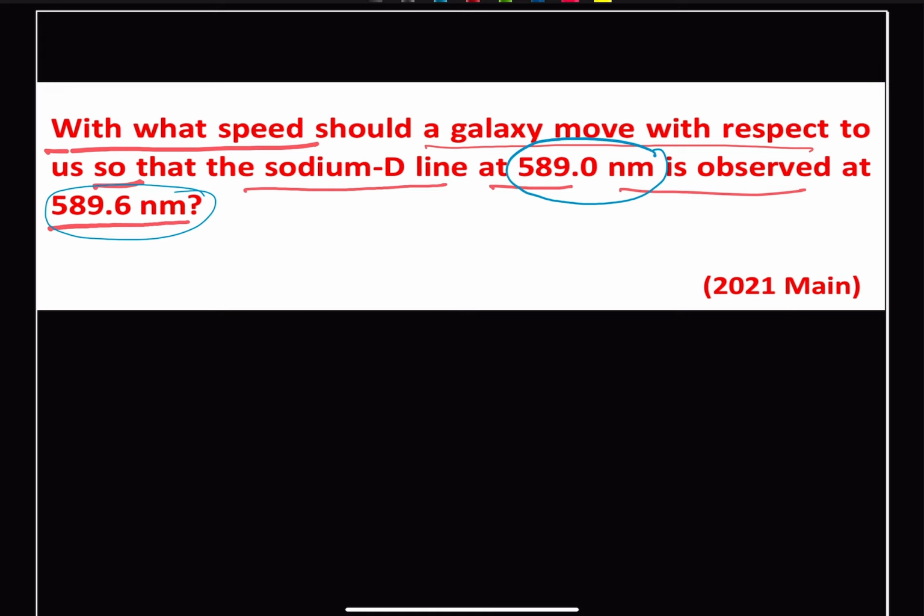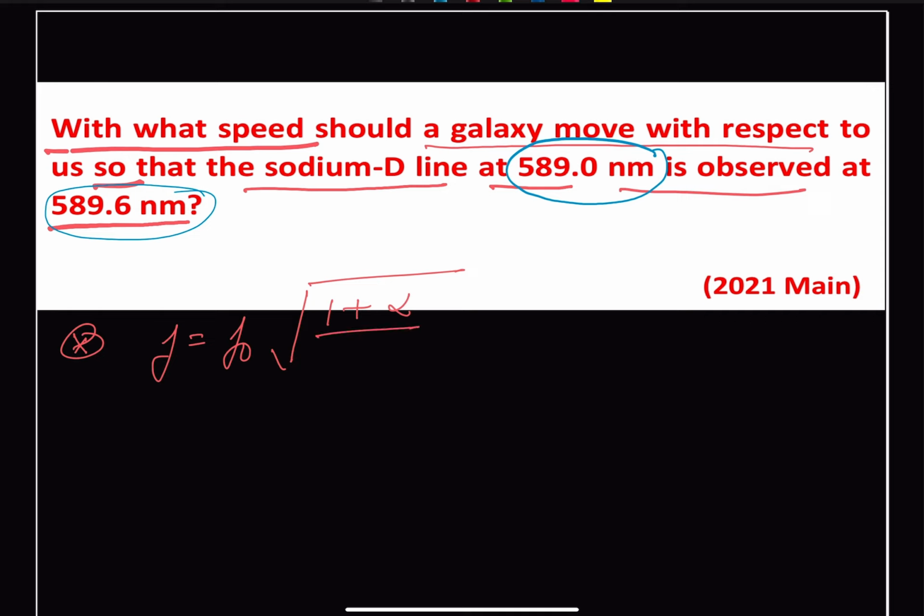So we can just sort it out by using the formula. And for that we know that our f is equal to f naught, and we have the square root of 1 plus, and this will be equal to V upon C, and V upon C is, let us suppose, represented as alpha.